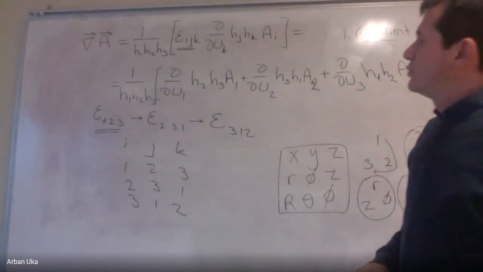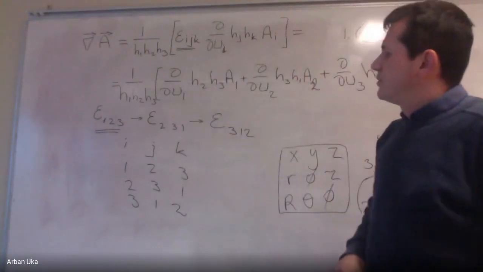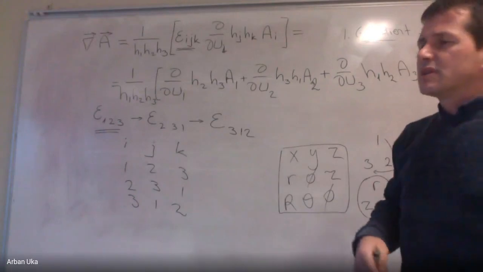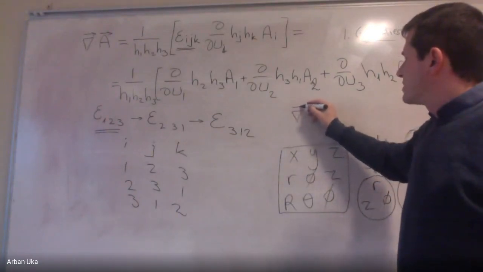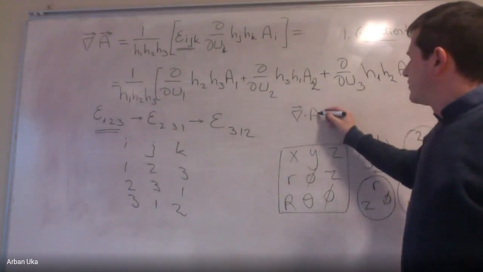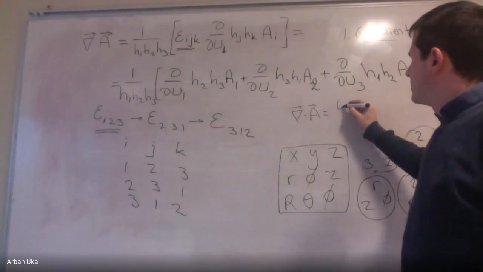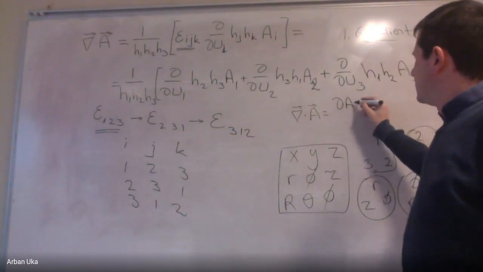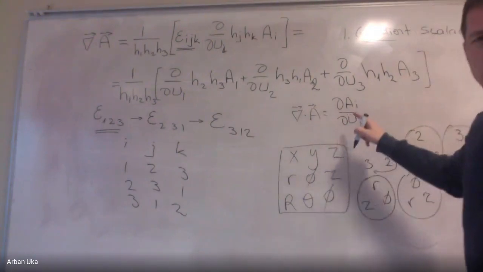Now, I want you also to exercise yourselves with this kind of notation, which in principle is like you are trying to save time. For example, in the Cartesian coordinate system, if you have the divergence of this A, you can simply state that you have the derivative of Ai with respect to ui, where i goes from 1 to 3.